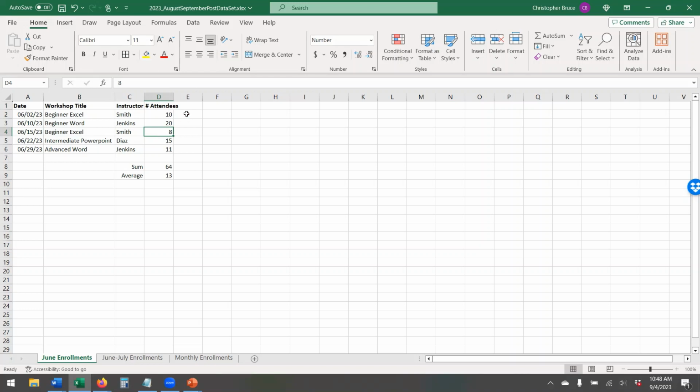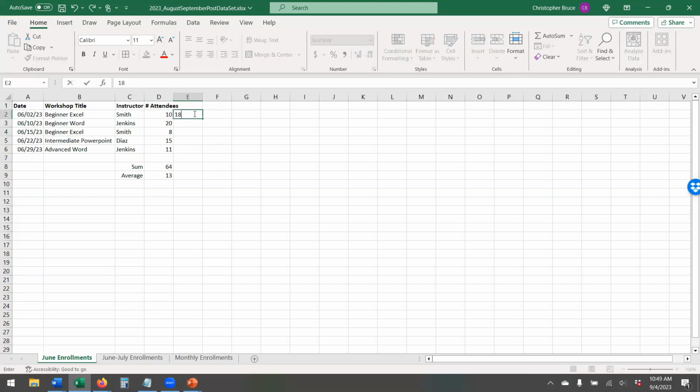Now, here's something really important to understand about averages and computers: there's a difference between blank or null or nothing and 0. 0 and null or empty are not the same to the computer. Now, I want you to take a look at the fact that we have 2 beginner Excel classes, and all these other classes only had 1 cohort.